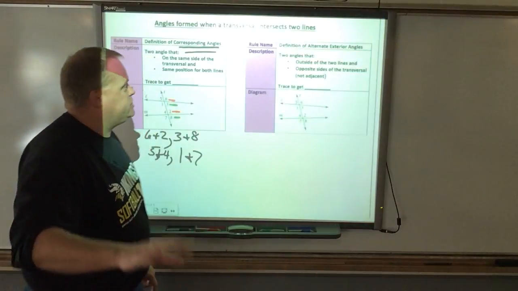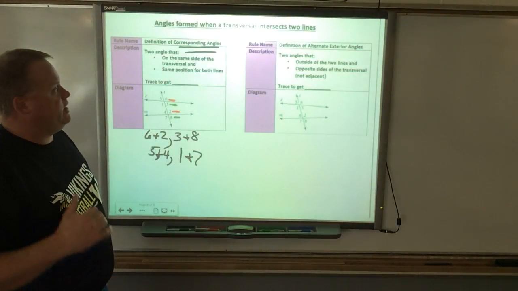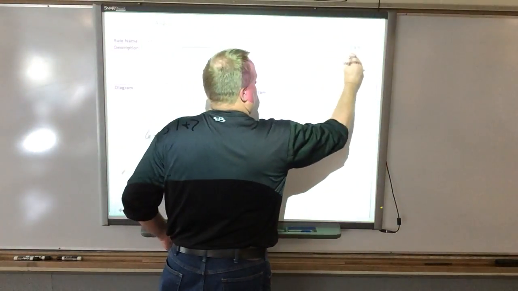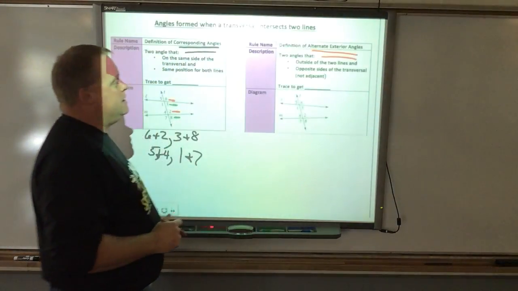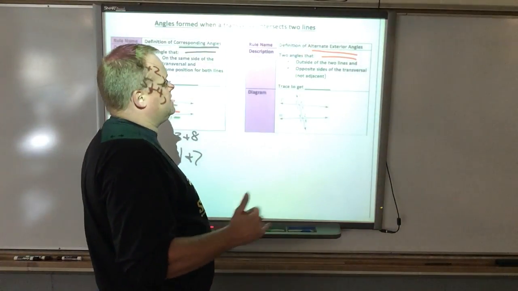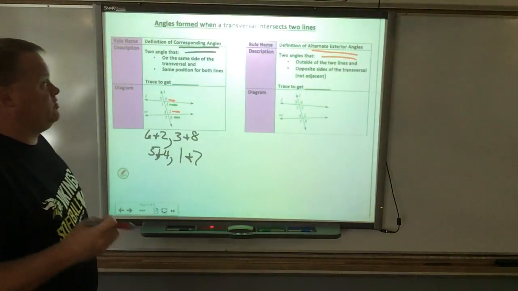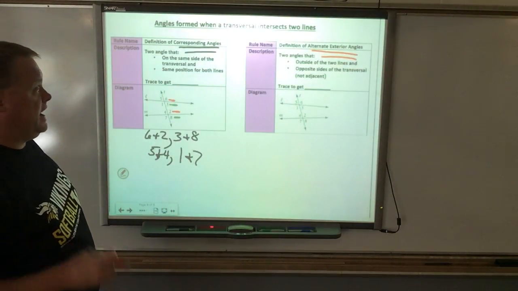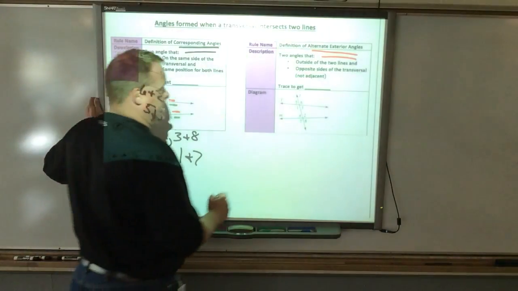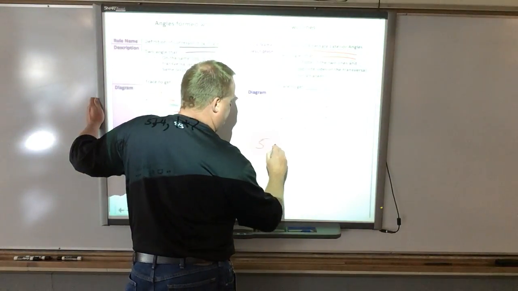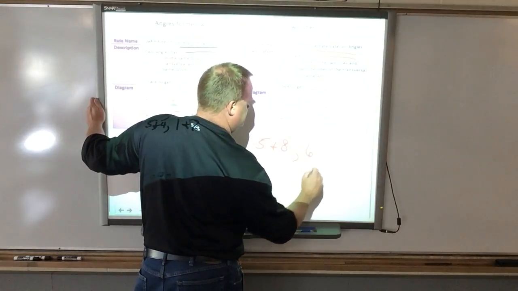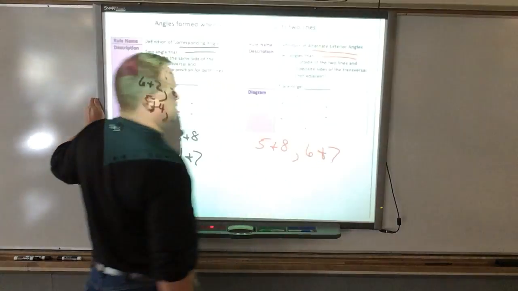The last definition was alternate exterior angles. Alternate exterior. I really like this one. You're going to use it quite a bit. These are outside of the two lines, and they are on opposite sides of the transversal, meaning they're not adjacent. So for alternate exterior, I'm going to have 5 and 8, 6 and 7.